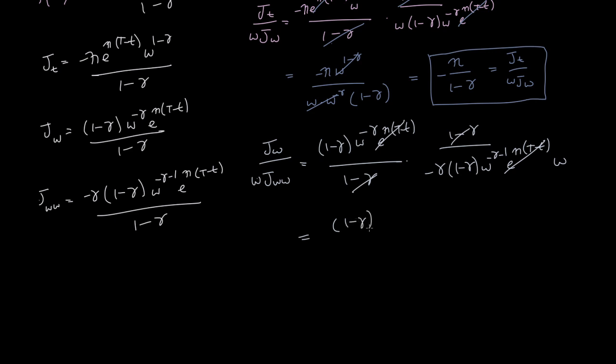So we have (1 minus gamma) W^(-gamma) divided by minus gamma (1 minus gamma) W^(-gamma-1) W. And once again, this worked out nicely: W^(-gamma) is equal to W^(-gamma-1) times W. So this cancels with this, and this cancels with this, and this is equal to minus 1 over gamma.